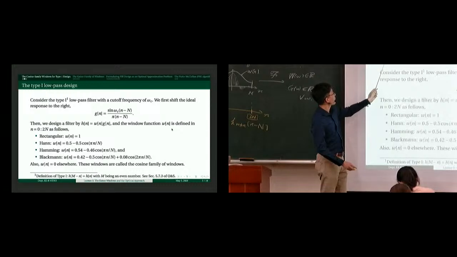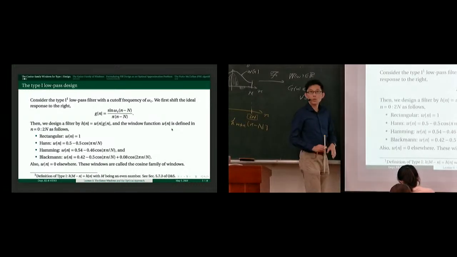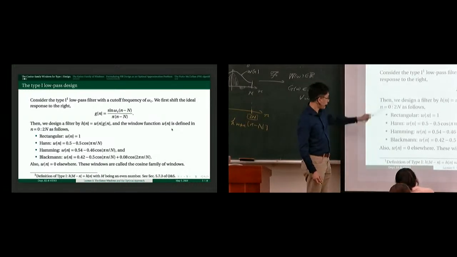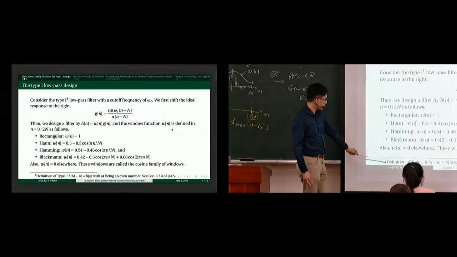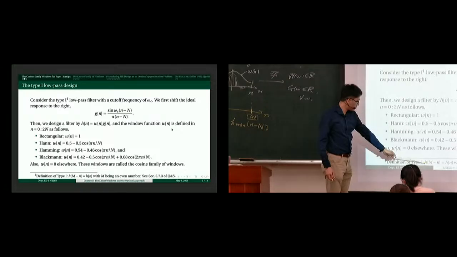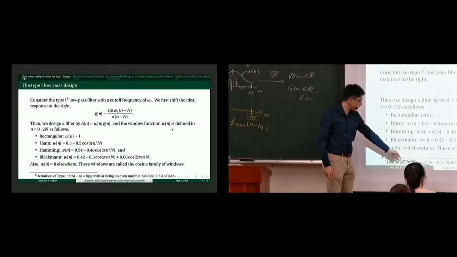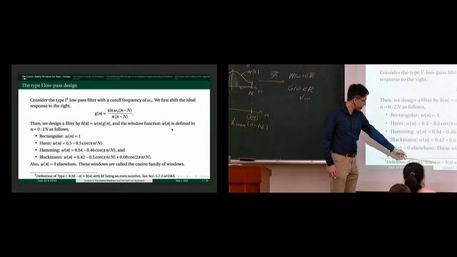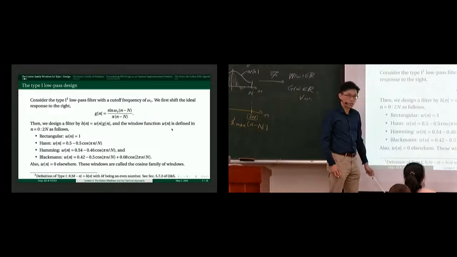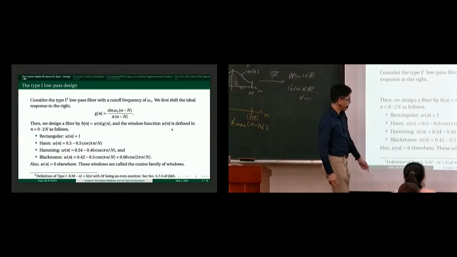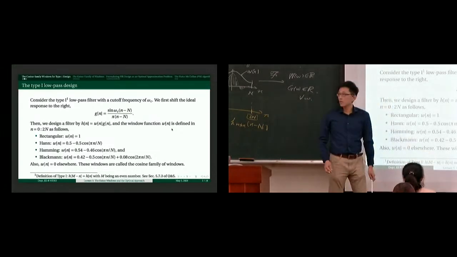But now I also want to share with you that the result of this design satisfies the type 1 criterion. What is type 1? The type 1 definition is down here. When your impulse response has a symmetry such that there is an integer M, such that h of M minus n equals h of n for all n, where M is an even number.